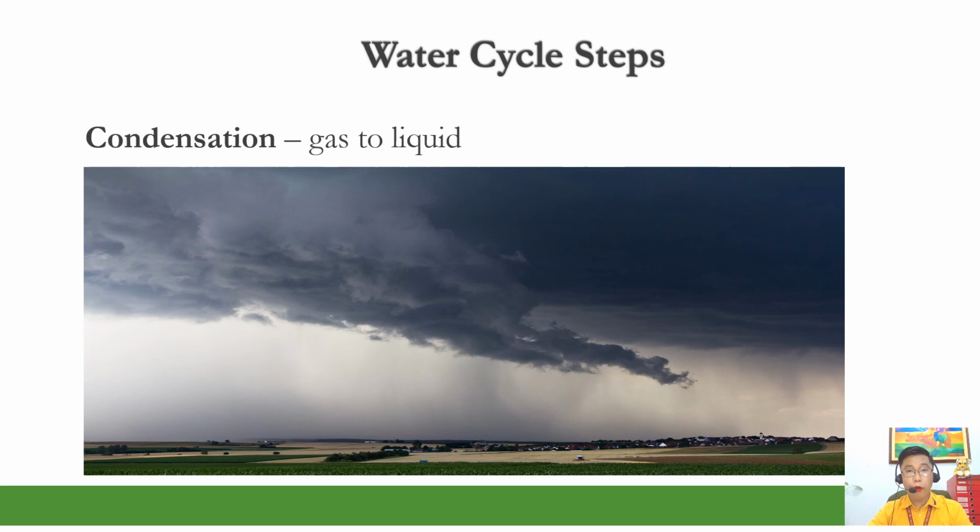As water vapor rises into the atmosphere, it mixes with very tiny particles of dust, soot, and salt, which are all particulate matter in the atmosphere. These tiny particles are called aerosols. As the surrounding temperatures cool, the water vapor turns into very tiny particles of water and ice crystals.